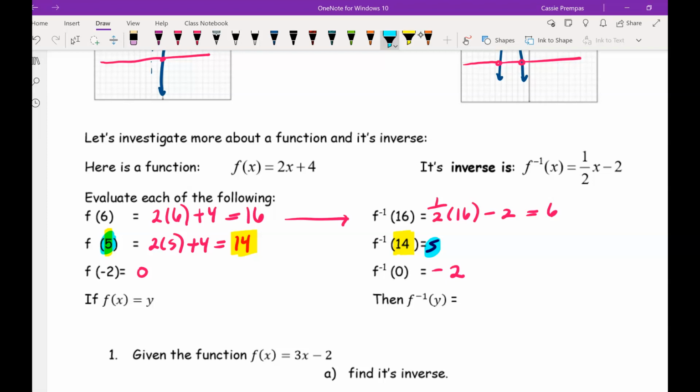That's going to help us answer this last one. If f of x gives us y, and I plug that y value into the inverse, I'm going to get back x. That's the key idea of the inverse. The x's and the y's have been switched. So if I plug a y value into the inverse, I'm going to get back the x.